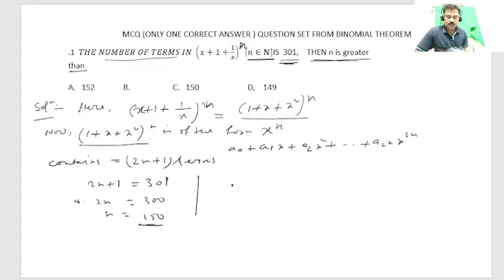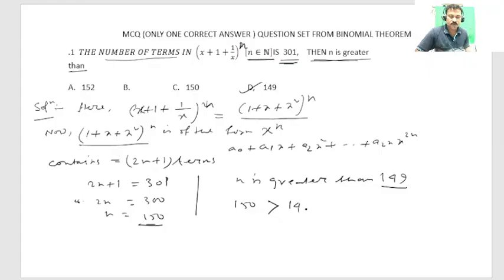So surely n is greater than, the option is 149. As n is 150, so 150 is greater than 149. This is the answer.